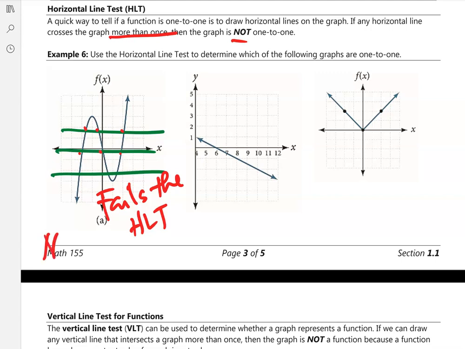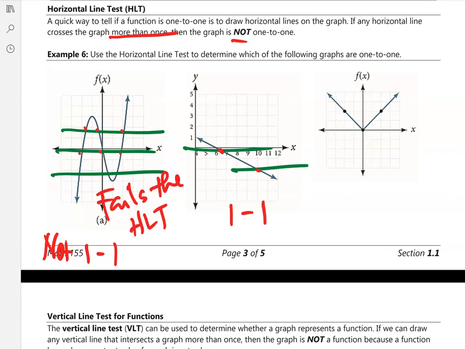Definitely this is not one-to-one. How about the next one, letter B? If you draw a horizontal line here, here, there is always 1 point on the graph. So yes, this is one-to-one.